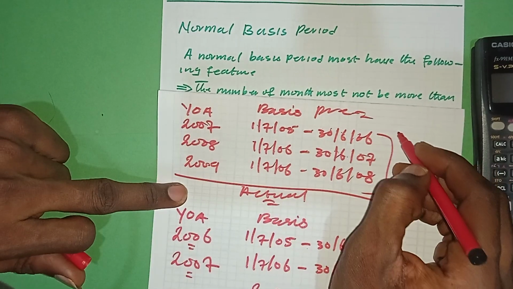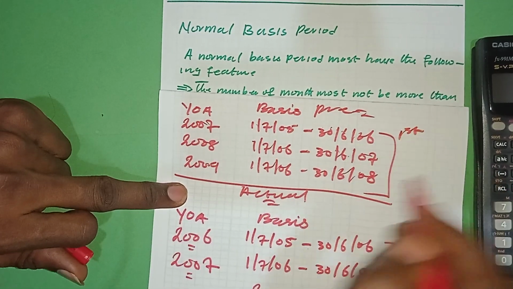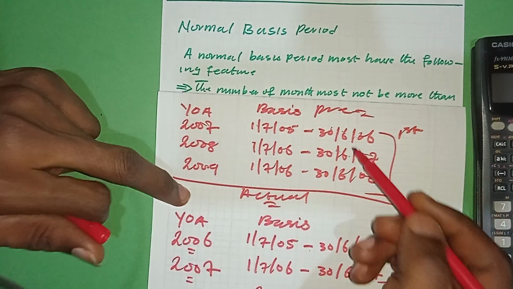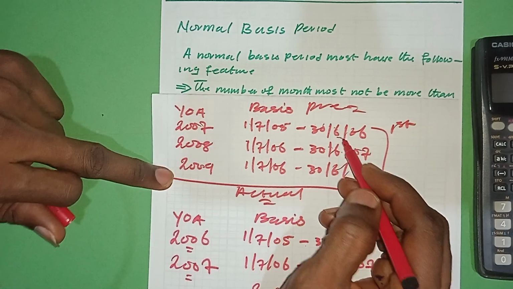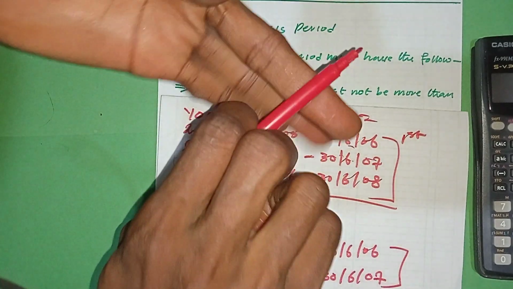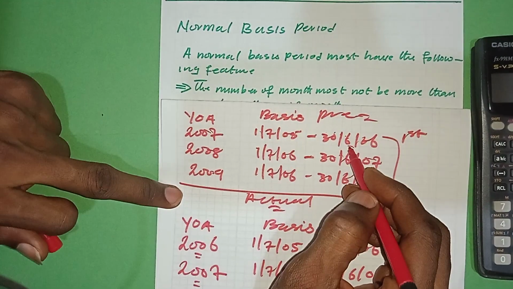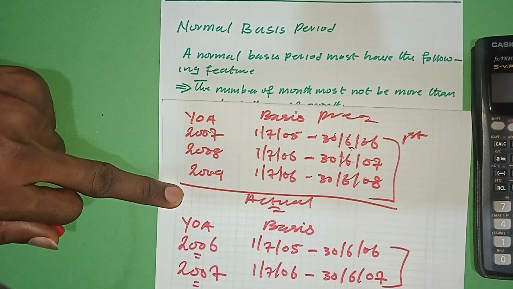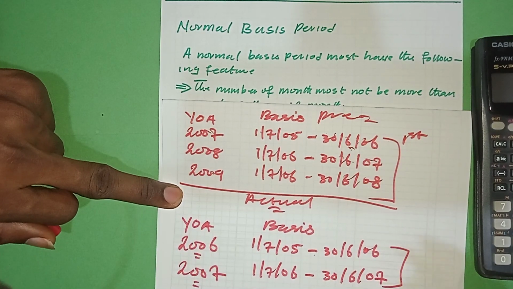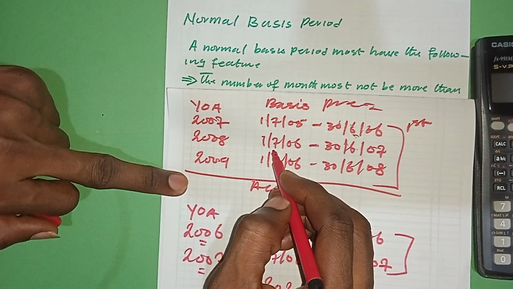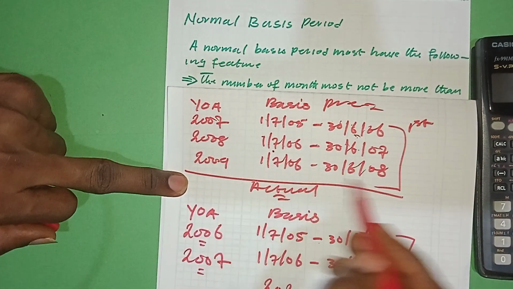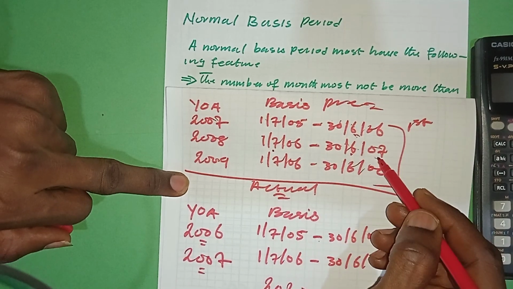This is the end, let's say, of the first year. The second year will commence immediately after this. January, February, March, April, May, June. This is June, so the next one will commence in July, which is immediately after June. Start July and end June 27.